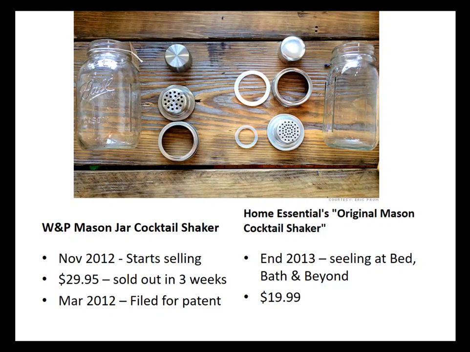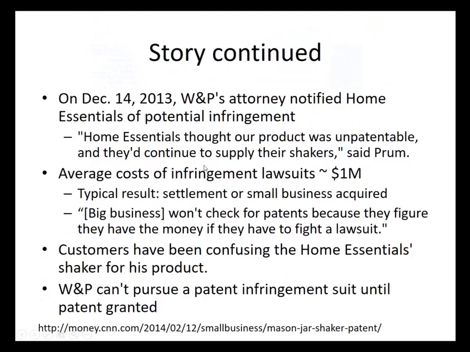They started selling that at the end of 2013 at Bed Bath & Beyond for $20. Looks kind of similar, right? So W&P's attorneys sent a letter on December 14th saying you're infringing on our intellectual property. And then Home Essentials responds, well, we don't actually think your product is patentable, and we're going to keep selling.